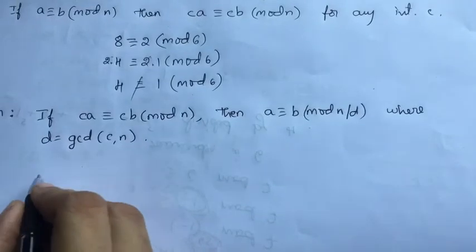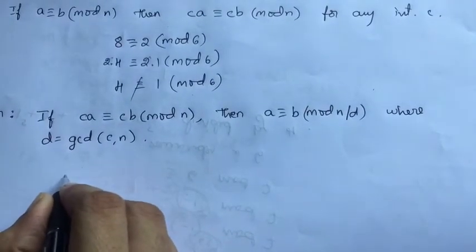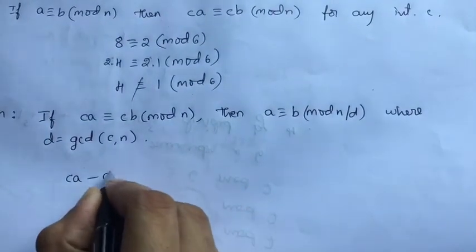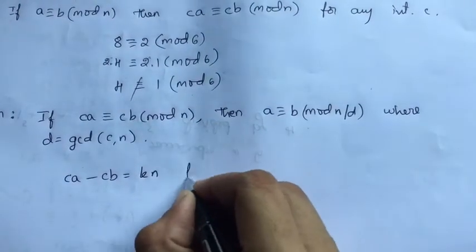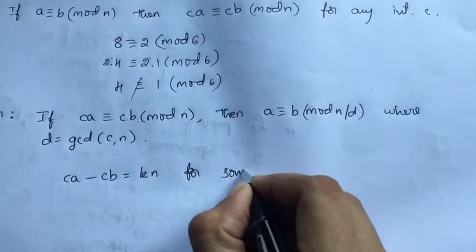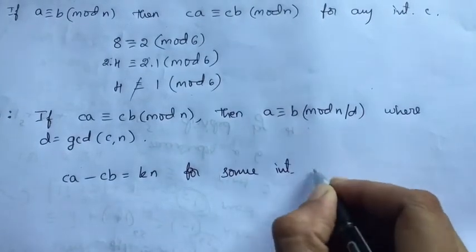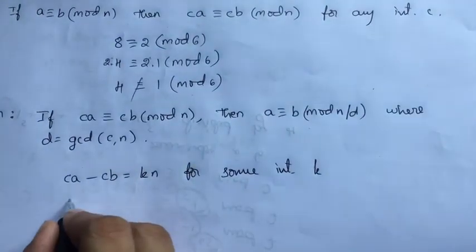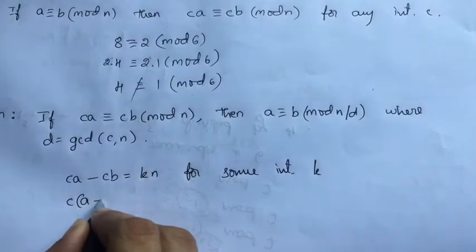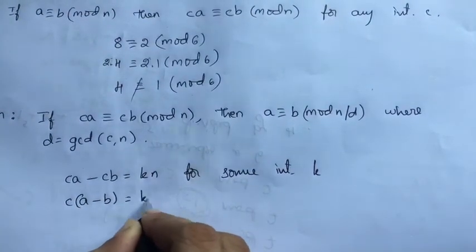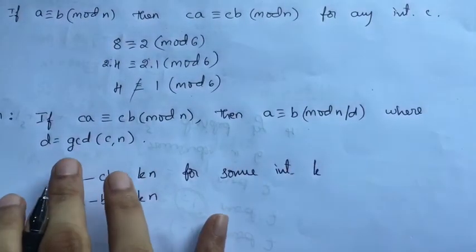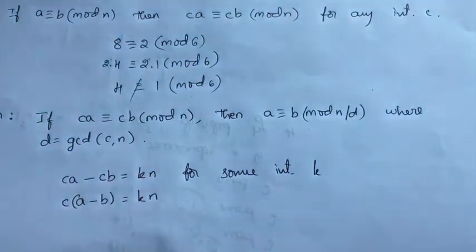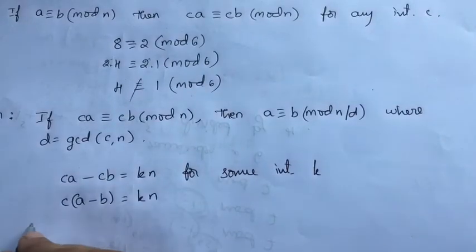By the hypothesis, we can write CA minus CB equal to k into n for some integer k. This is the same as writing C into A minus B equal to kn. It is also mentioned that d is the GCD of C and n.